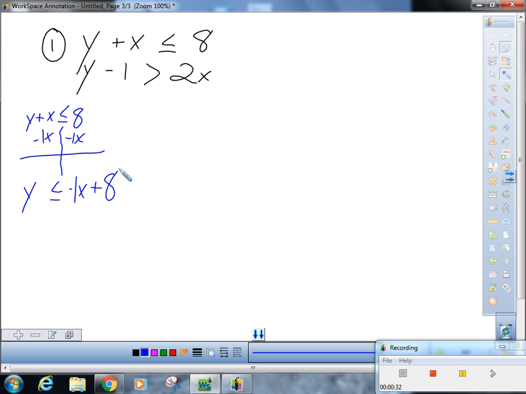It just wouldn't have, that's not the form I wanted in, but I could have, okay? Now, I'll take the other equation, which was y minus 1 is greater than 2x, add 1 to it, you get y is greater than 2x plus 1. Okay? So far, so good?